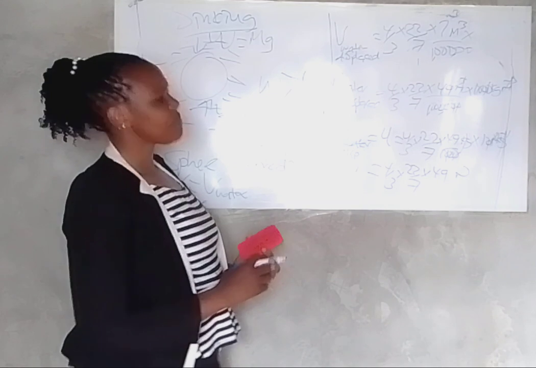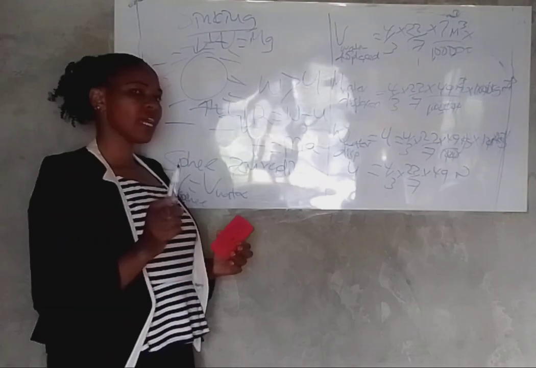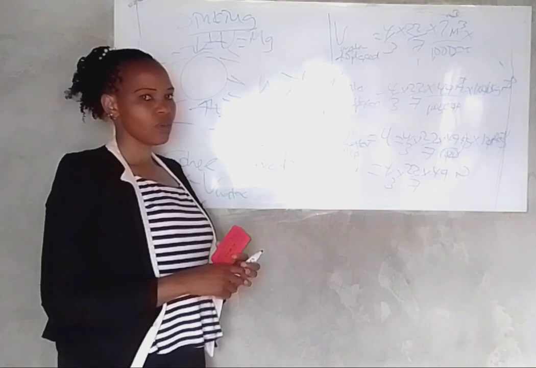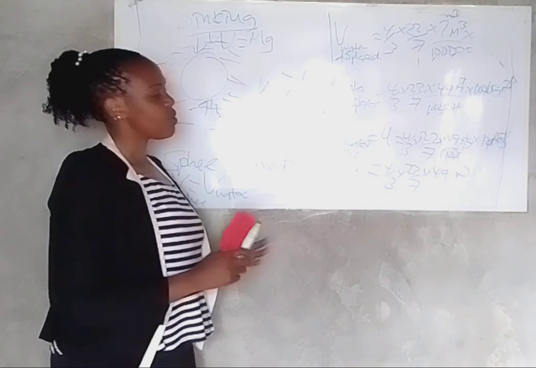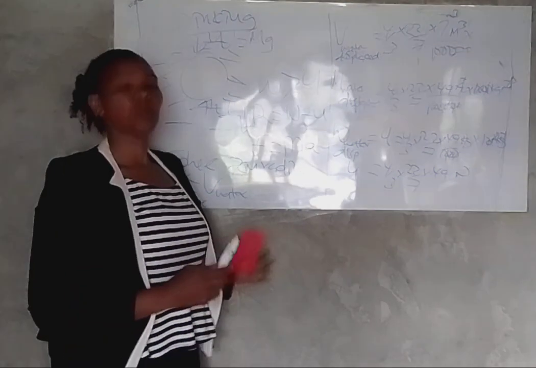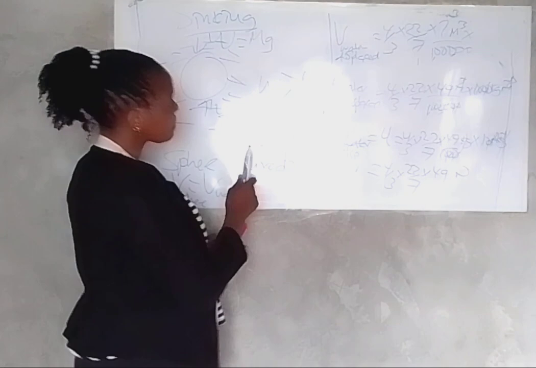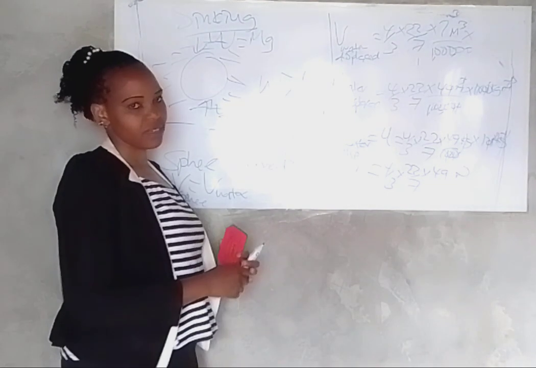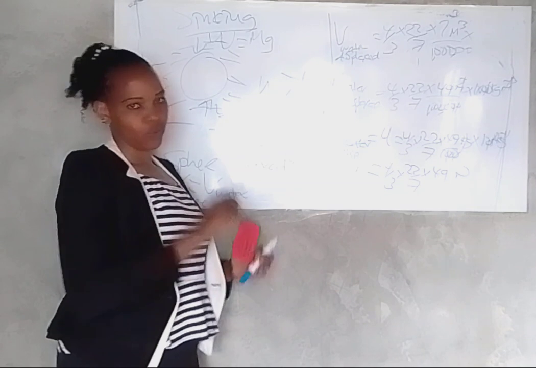Now, what if the weight and the upthrust are equal, or the upthrust is greater than the weight, then what would happen? Now, if the weight is equal to upthrust, then the object will float.